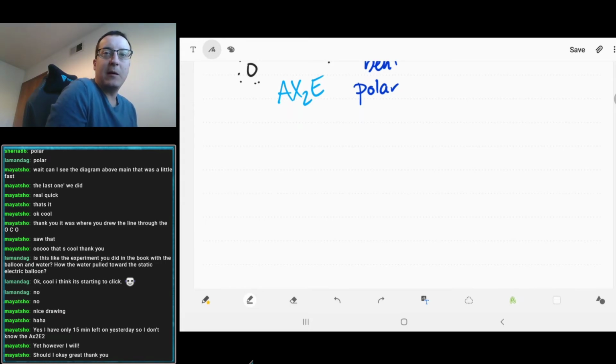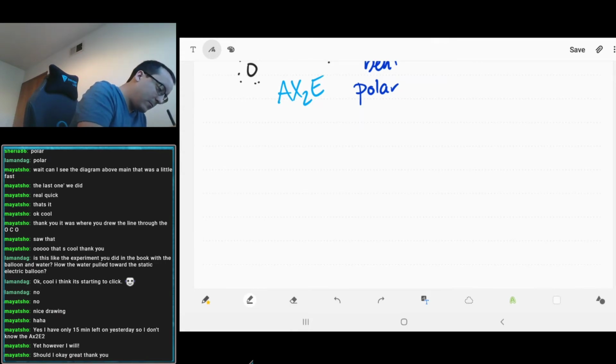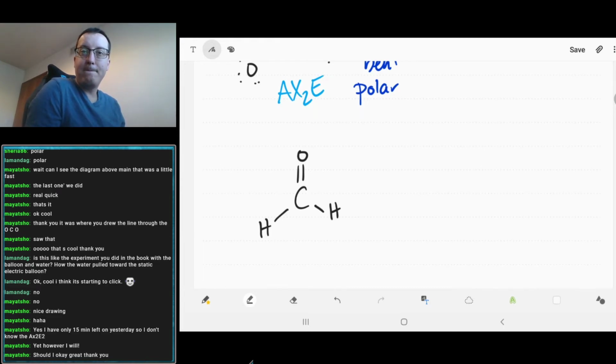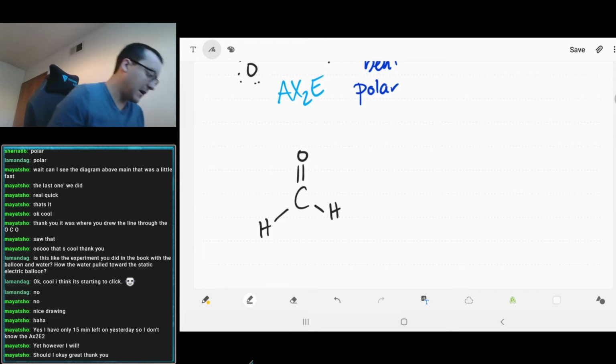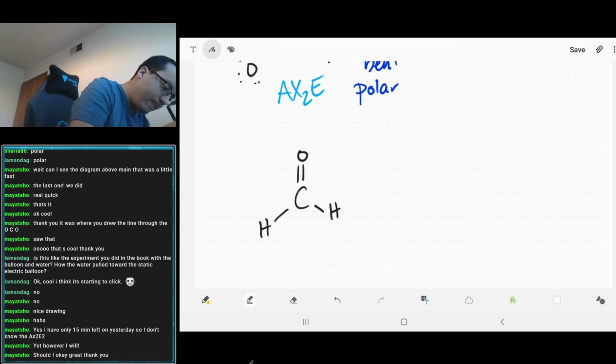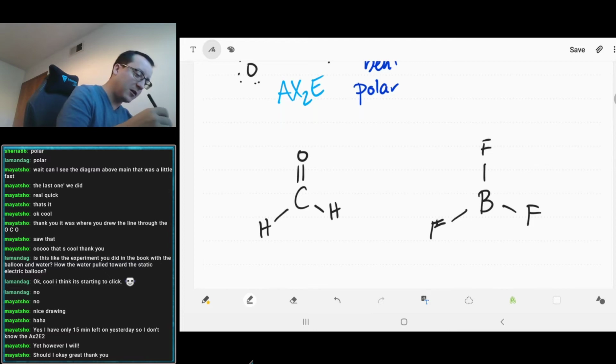Let's do maybe 2 more. We can look at a couple more molecules that we've had before. We had formaldehyde, right? And let's see, what other ones can I give you? How about two trigonal planar molecules here.